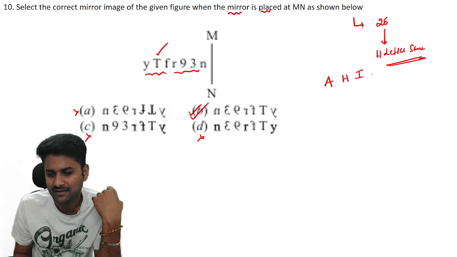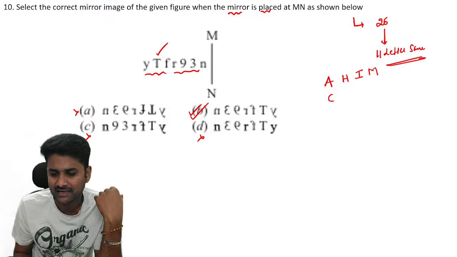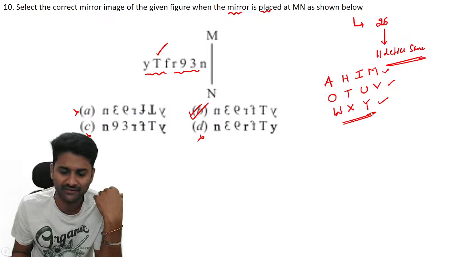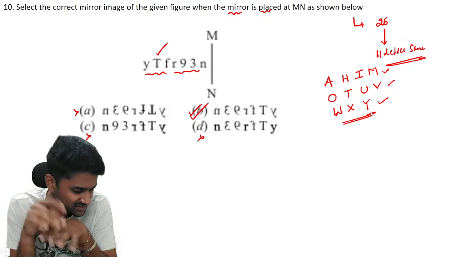I, J not, K not, L, M, N, O. So M reflects same. So next letter is O. P, Q, R, S, T, U, V, W, X, Y. So you can see 4 plus 4, 8, 8 plus 3, 11 letters.